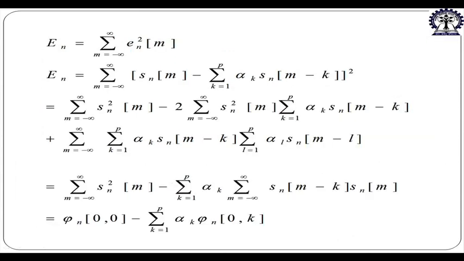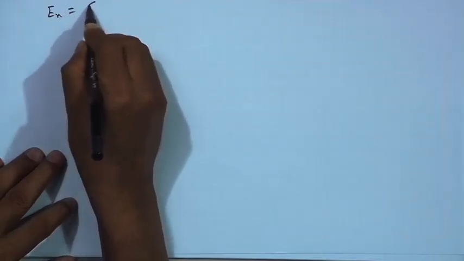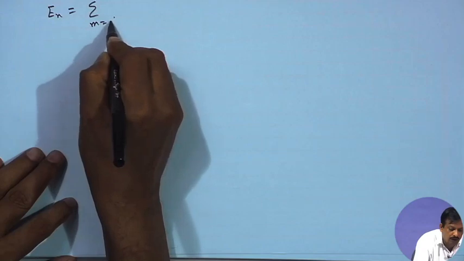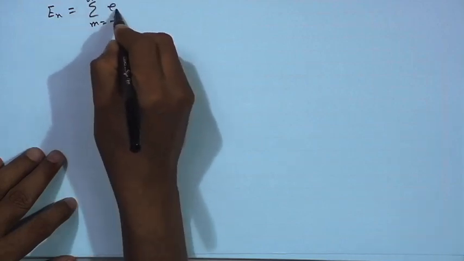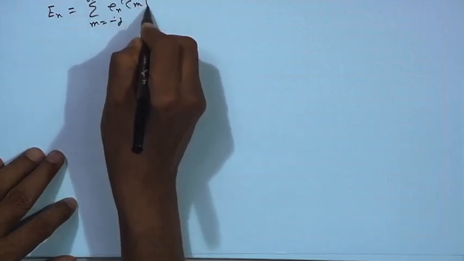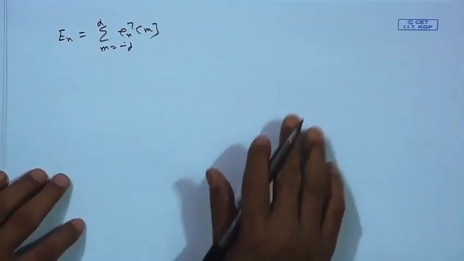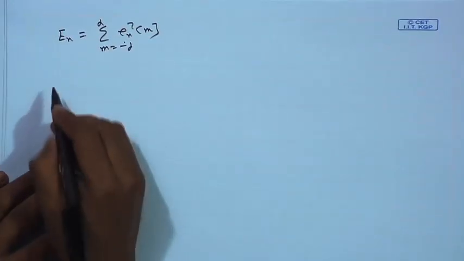So, what is the error function? E n is the sum over m from minus infinity to infinity of e n square m. This is the mean square error. So, what is this?